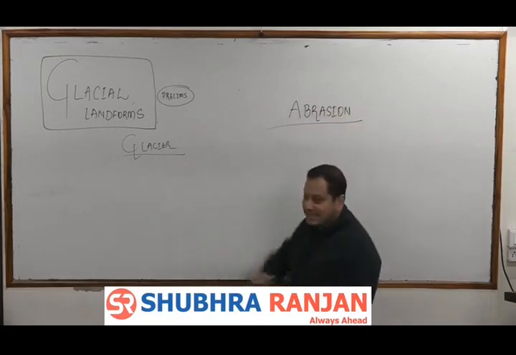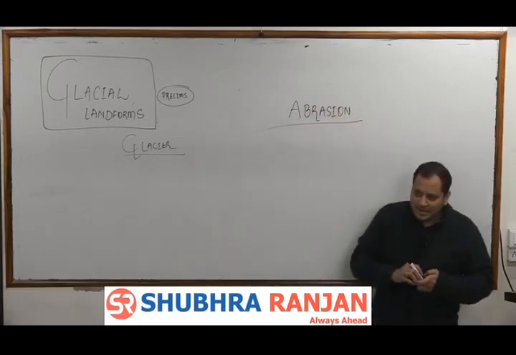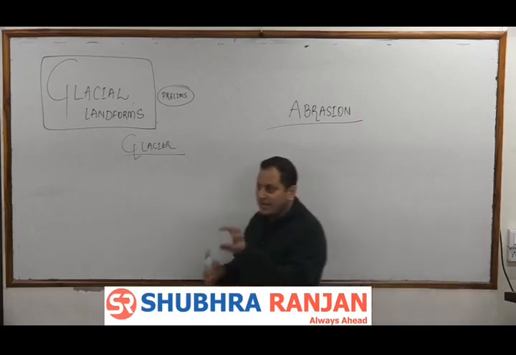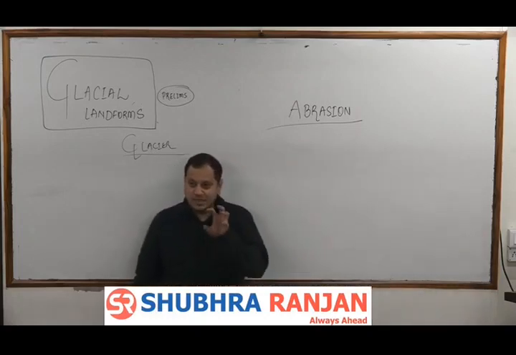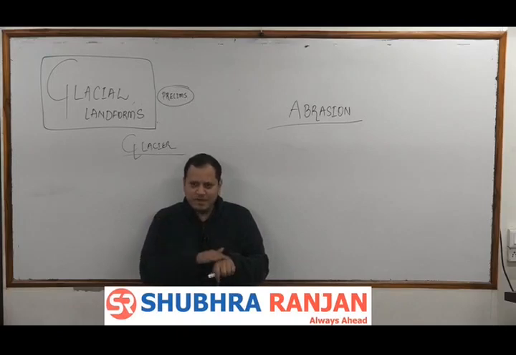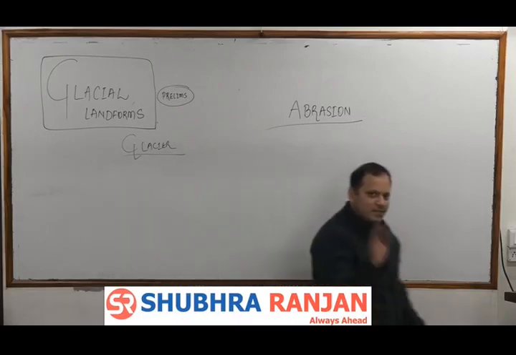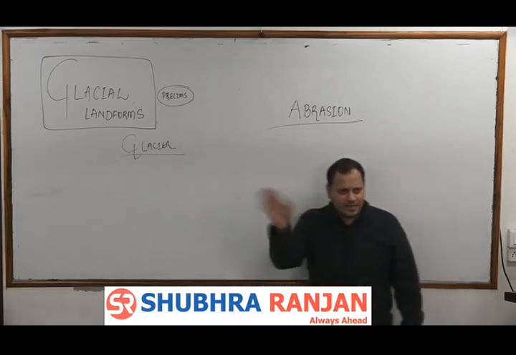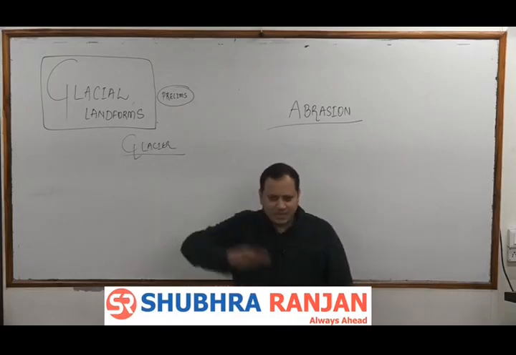Abrasion means scratching the surface of the earth, and hence one indicator of any glaciated landform is the scratched surface of the earth. For example, take any sandpaper, any rough paper, and rub it on your skin, scratches will come. The same thing will happen. Sandpaper is used, for example, at the time of painting. You scratch the walls.